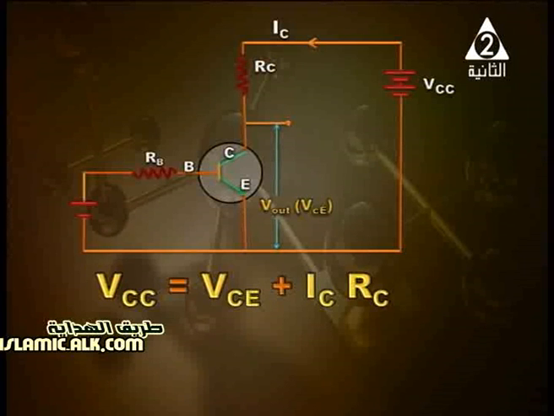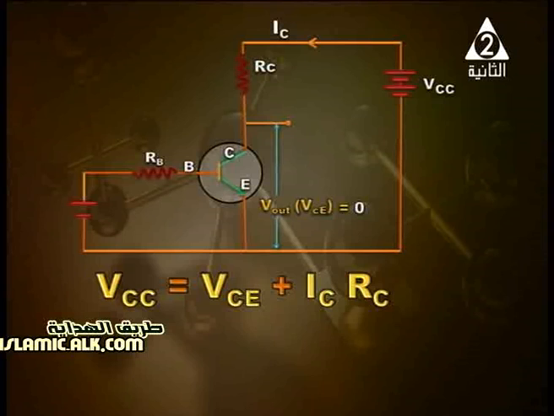Once again, the base is connected to the positive terminal. In this case, the output voltage is equal to 0. The question is why? Current passes through the base, and a large current passes through the collector, and this means ICRC is very huge.